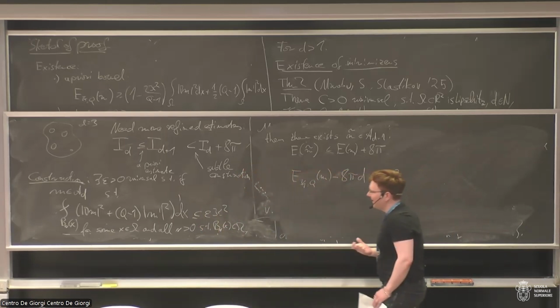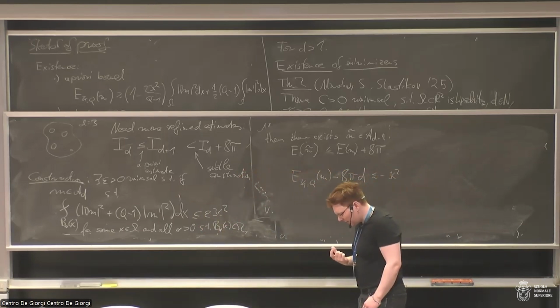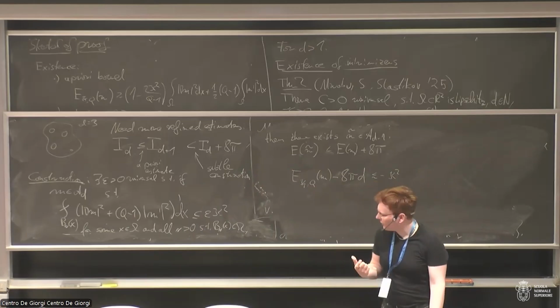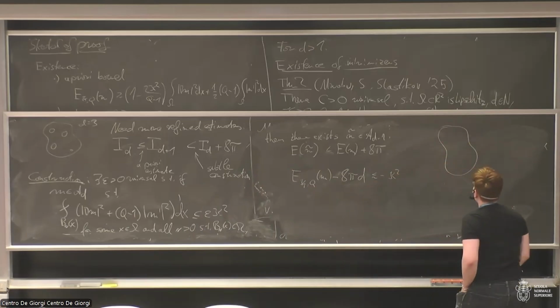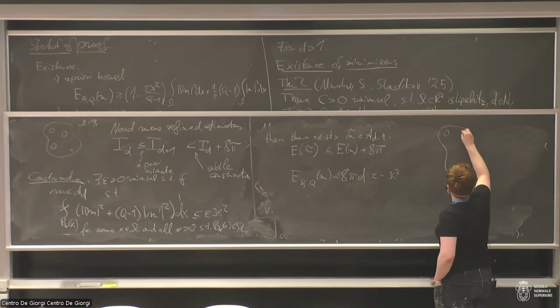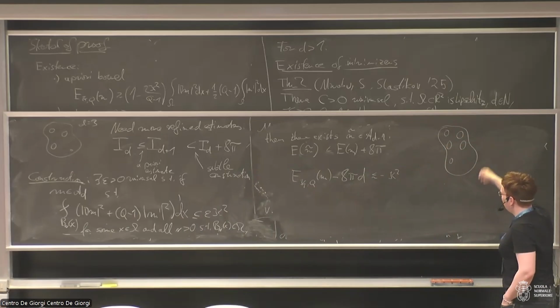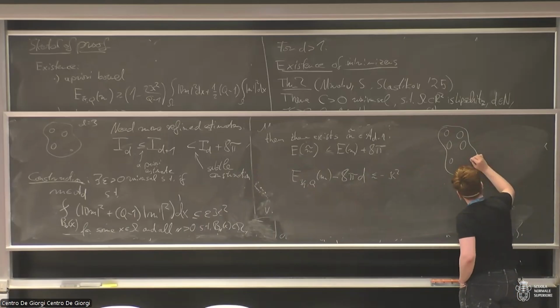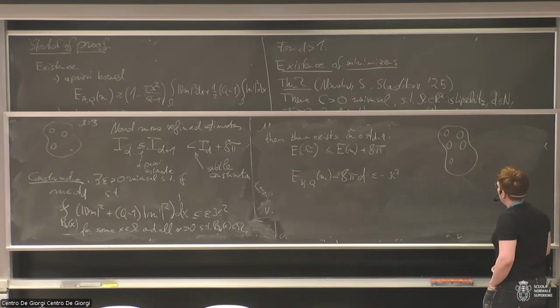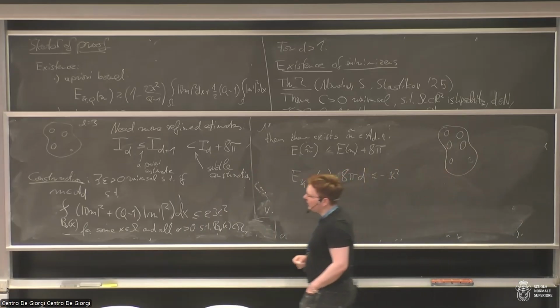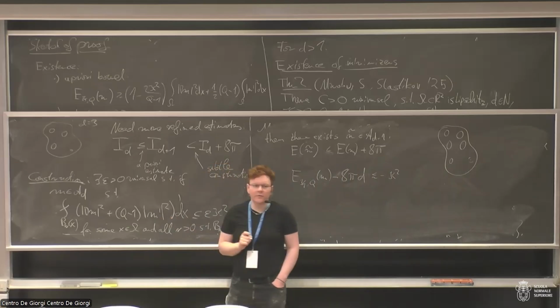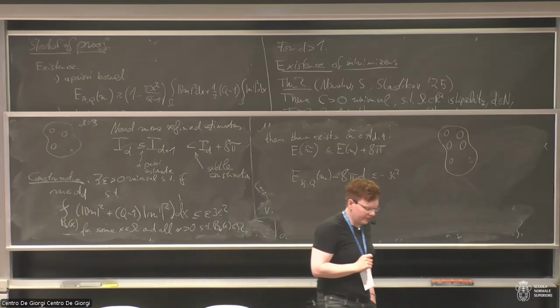So what you want to do is you have your minimizer, and you want to find at least one point where, close around the point, you don't have a lot of Dirichlet energy and you don't have a lot of anisotropy energy.